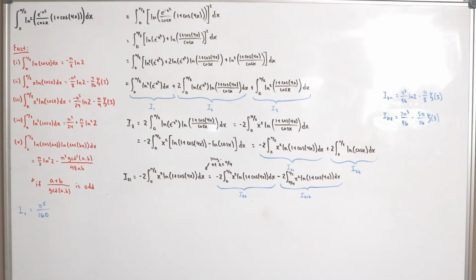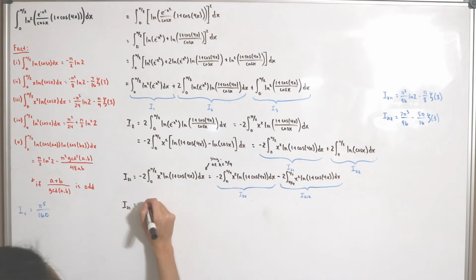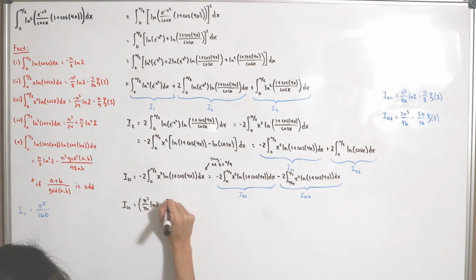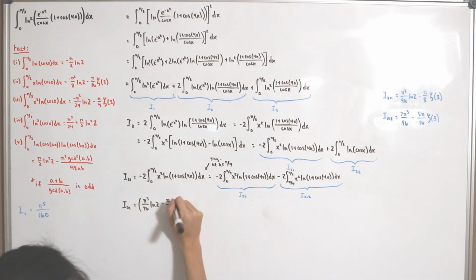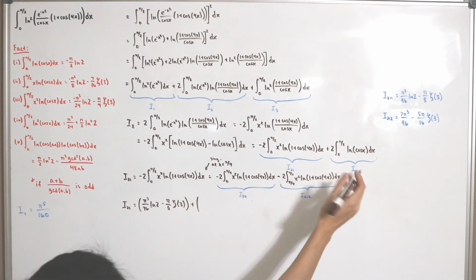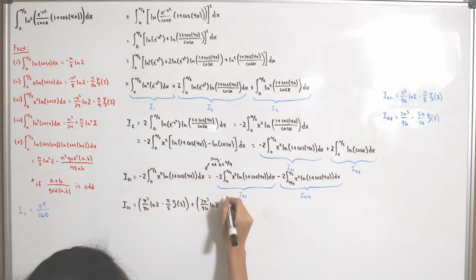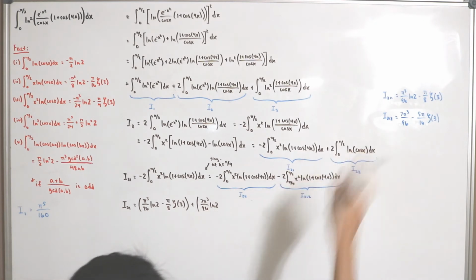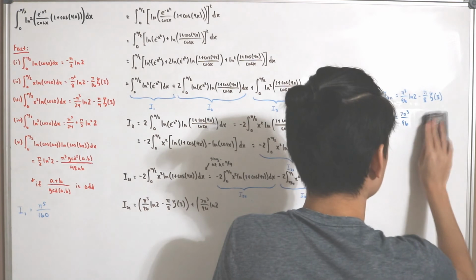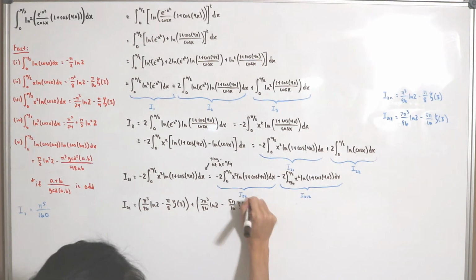So going back, I sub 21 is equal to I sub 211, which is π³/96 ln 2 minus π/8 a priori constant 3, plus I sub 212, 7π³/96 ln 2. Yeah, that's supposed to be ln 2 over here. Let me go back and fix that. Minus 5π/16 a priori constant.